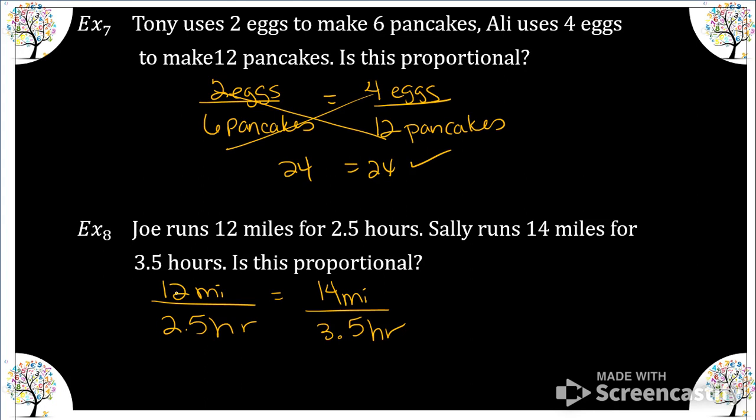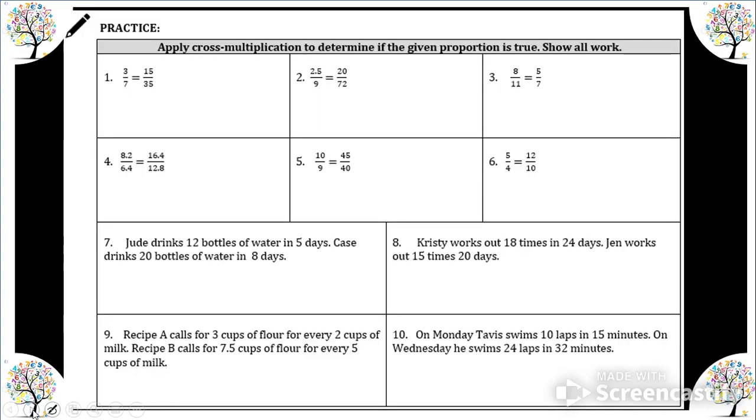So 12 times 3.5 is 35. 14 times 2.5. Are these equal? No. So these are not proportional. They are not the same rate.